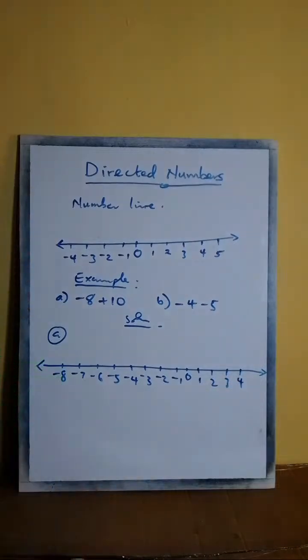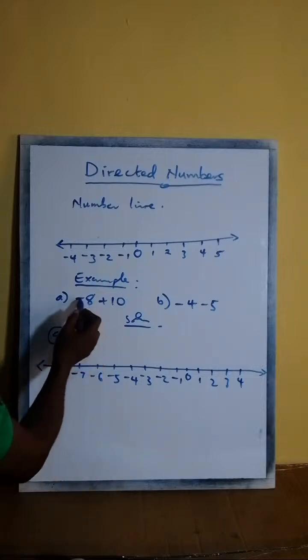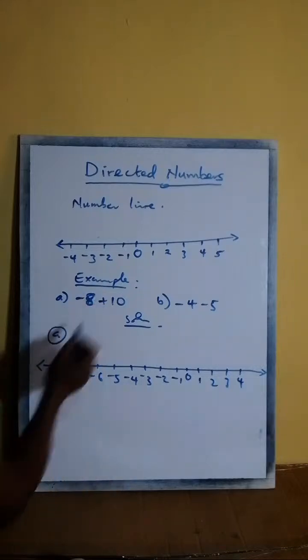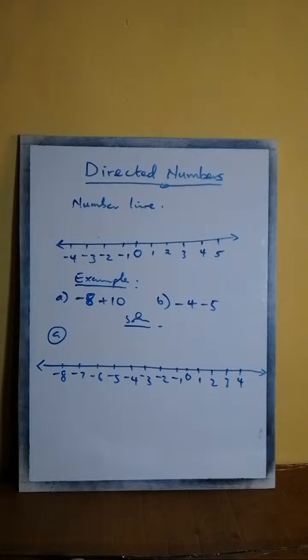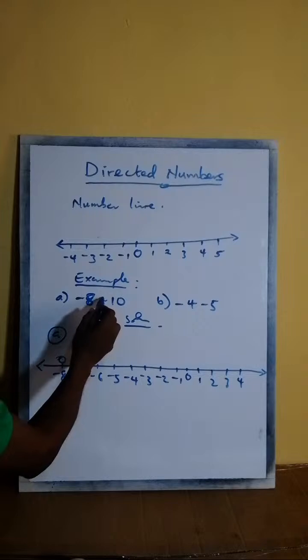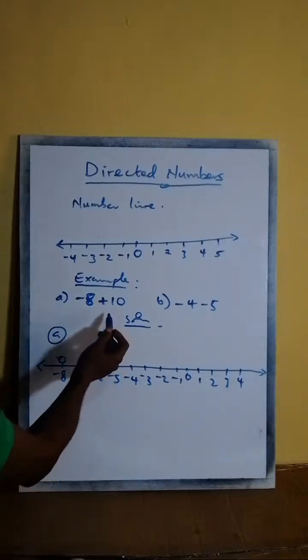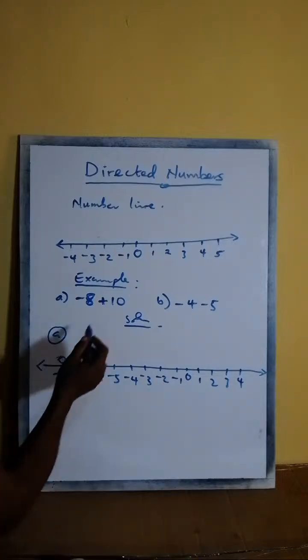Now, to handle this with the number line, we start from the first number indicated, which is -8. So -8 is here. Then what we have here is addition. We are adding here. Then we are shifting 10 times to the right. So addition is towards the right.